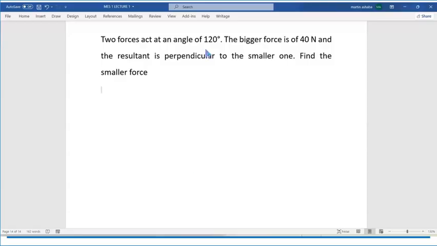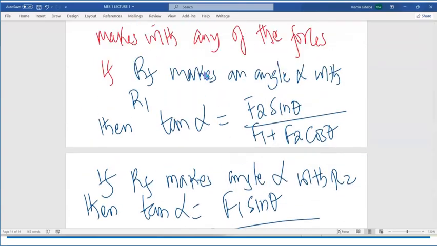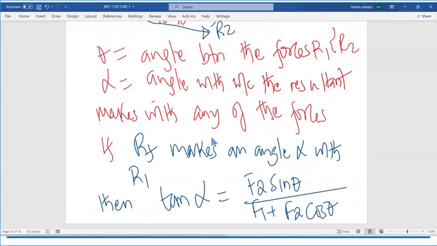According to the method we have looked at, it is the parallelogram. In the parallelogram, you're supposed to have a longer side and a shorter side.